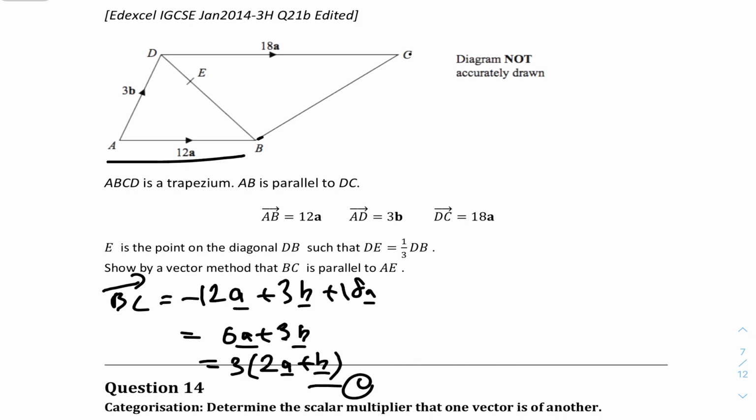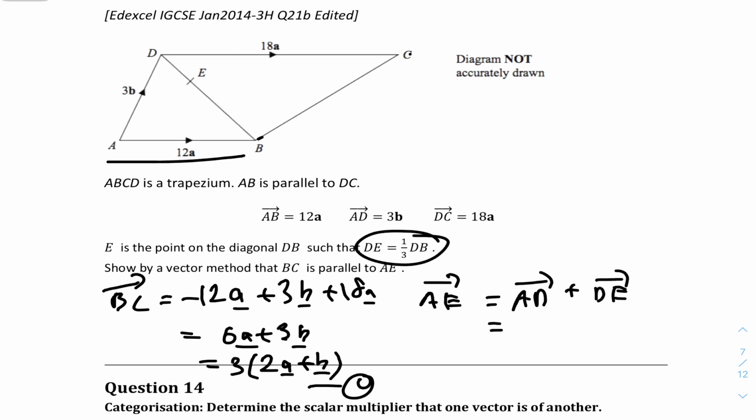That's number 1. And AE is basically equal to AD plus DE. And we know that DE is a third of DB.